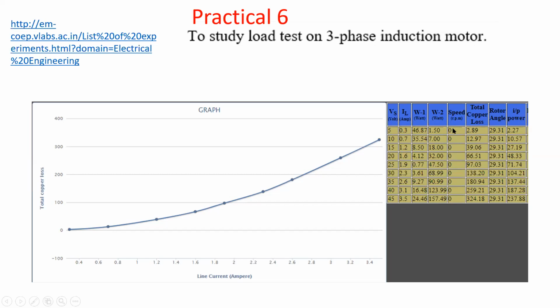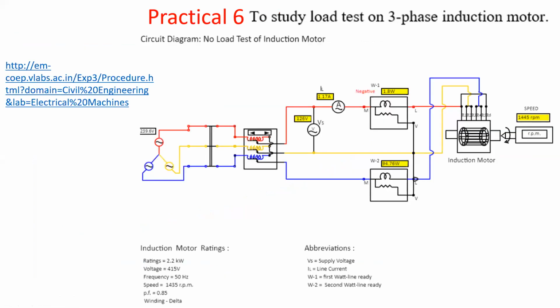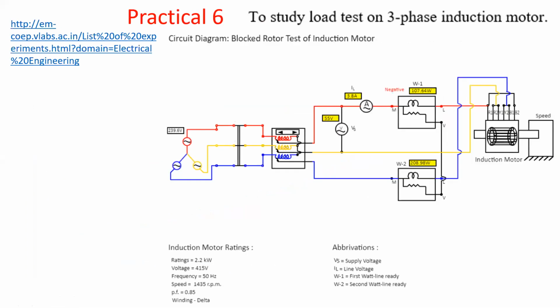Then total copper loss, rotor angle and input power you will be able to calculate directly in that table, and from this you can plot various graphs. These graphs you can plot on this particular site. This is for the no load test and this is for the block rotor test.